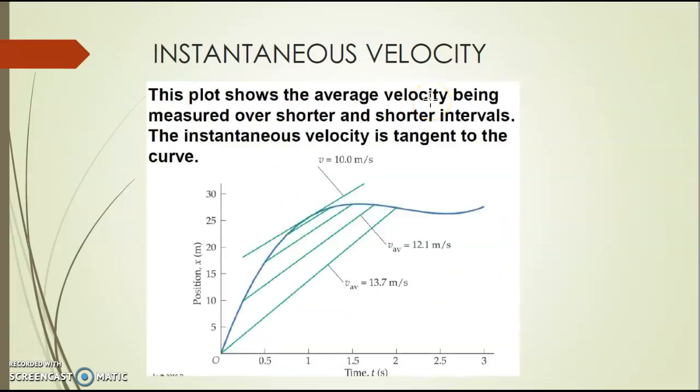There are cases that the movement of a particle is not identified or illustrated in a linear form. Okay, sometimes it looks like this. So therefore, we have the instantaneous velocity. Okay, instantaneous velocity is, for example, what is the instantaneous velocity when time is equal to 1 second?